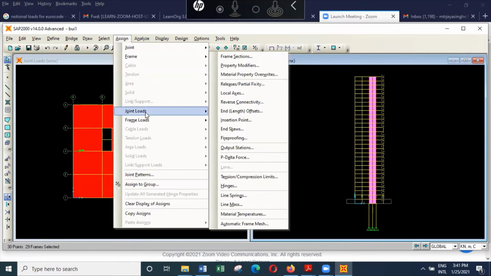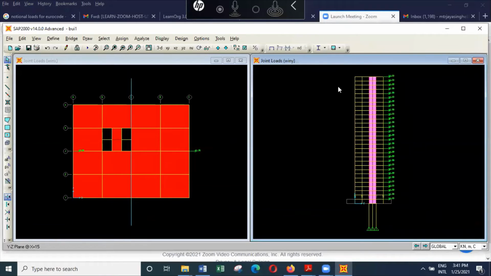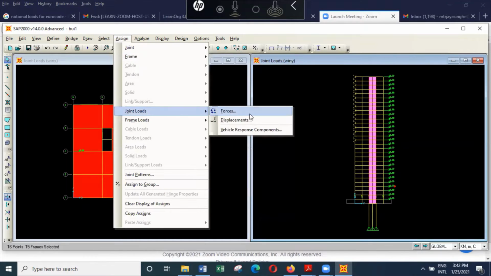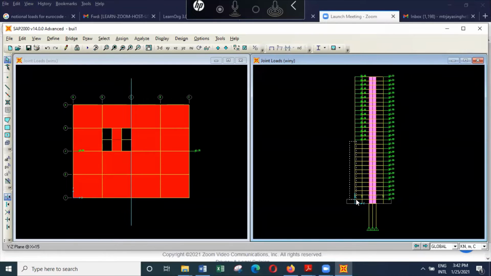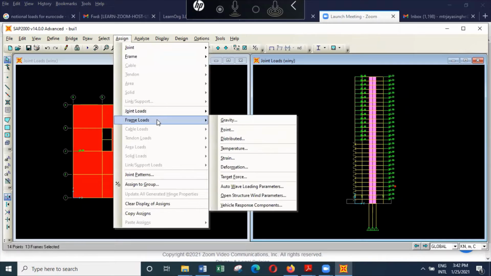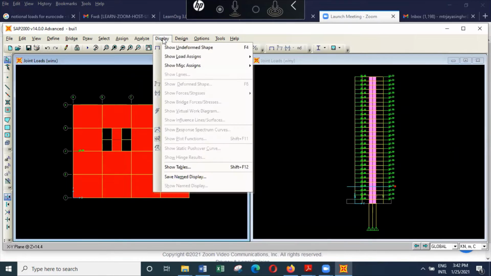Wind y, 54, and this side 86.4, and I'll allocate some value like 70. Okay, so in both directions the wind loads are now acting.